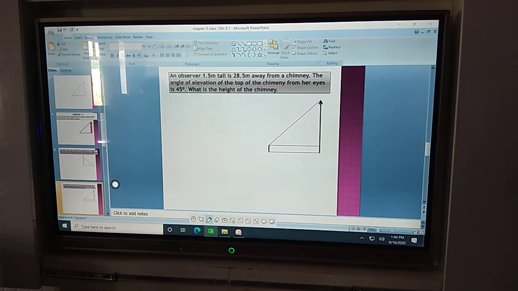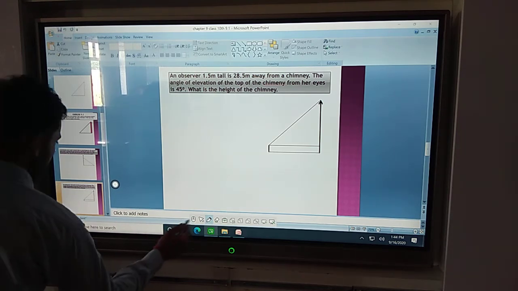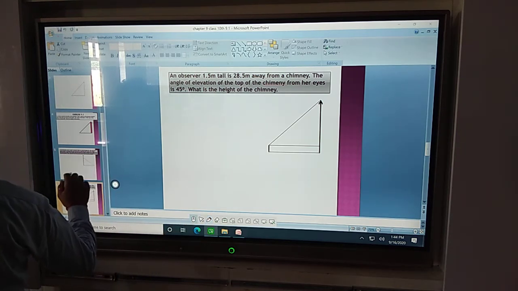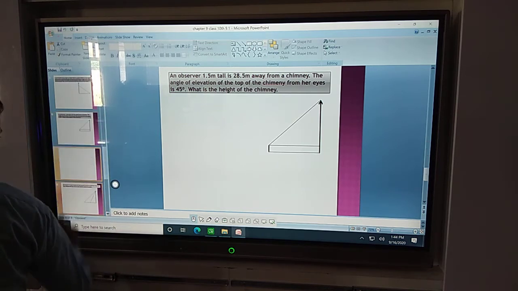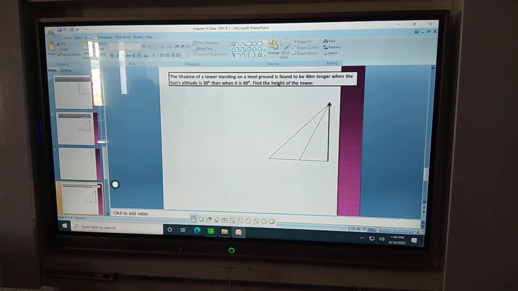We are given that the shadow of the tower standing on level ground is found to be 40 meters longer when the sun's altitude is 30 degree than when it is 60 degree. Find the height of the tower.